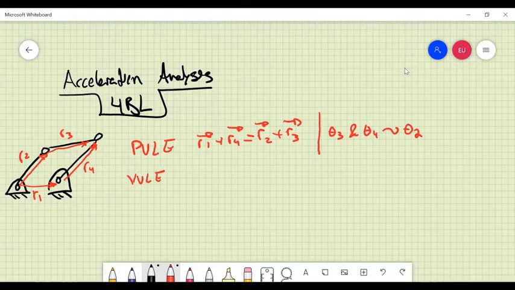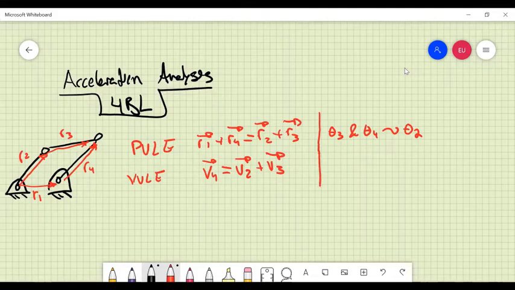Do you remember which one disappears and which equation I end up having? We eliminate R1, so we end up having only that. It's not that we eliminate it, it's just that it is constant and it doesn't appear when we derive it with respect to time, okay?